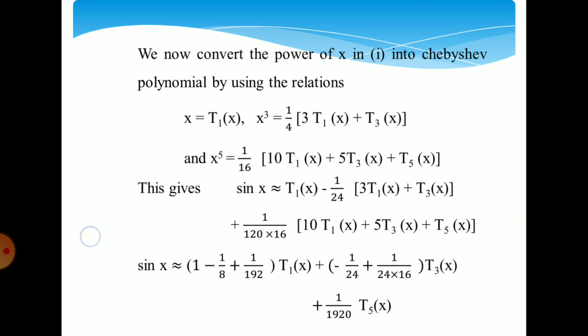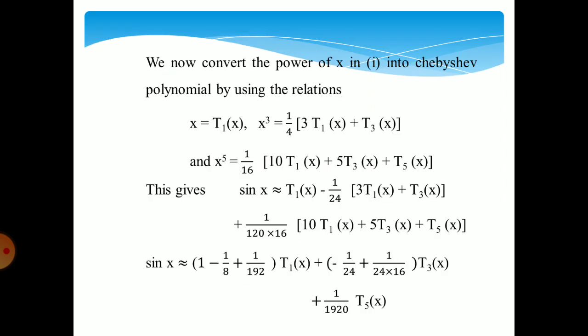Similarly, by taking t3x common, minus 1 upon 24 plus 1 upon 24 into 16 t3x, and lastly 1 upon 1920 t5x. That means you have to consider truncated series 1, put the values of x, x cube and x raised to 5, then take common t1x, t3x and t5x and finally take this sum in brackets.